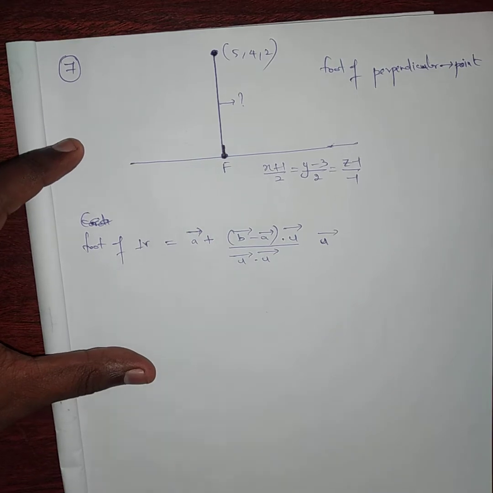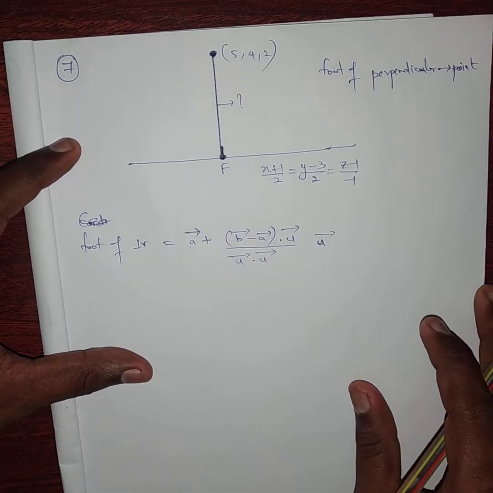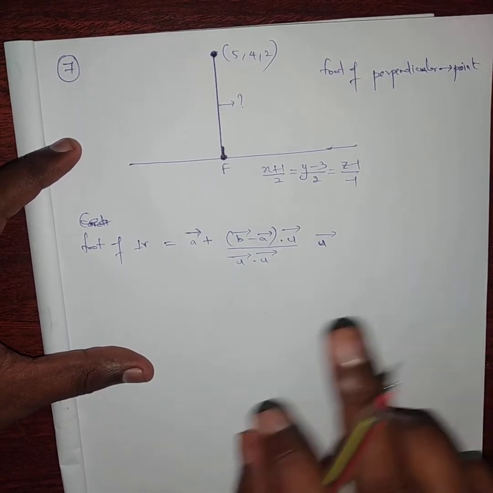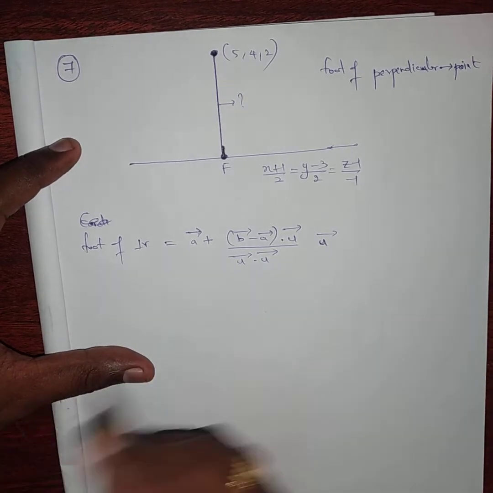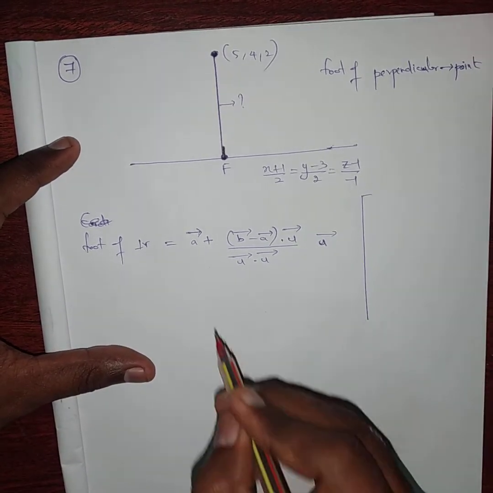This is the easiest formula. You can't see this formula in the textbook itself, but if you use this formula, you can easily find it.